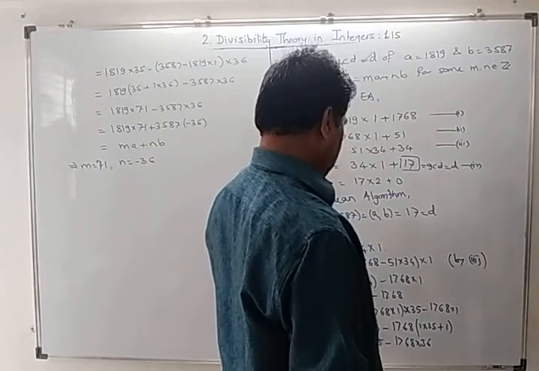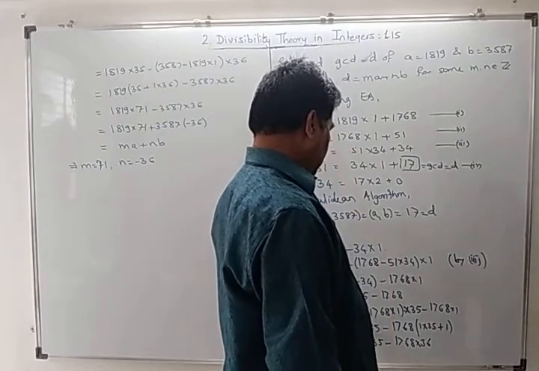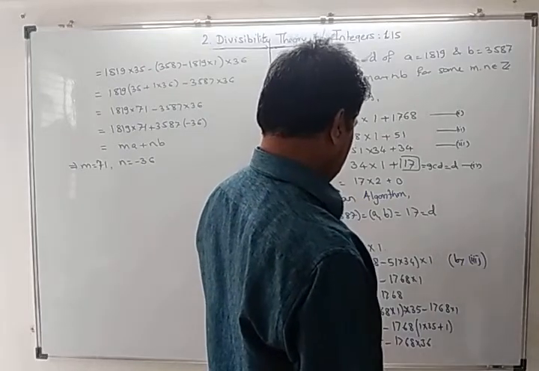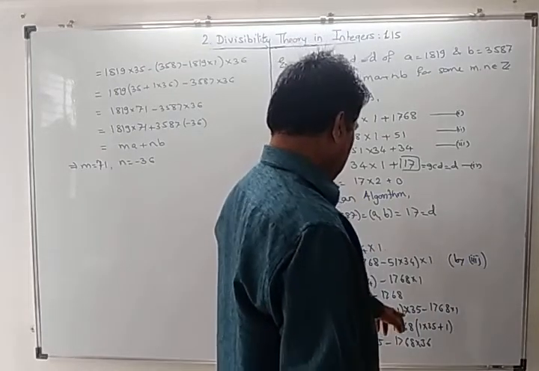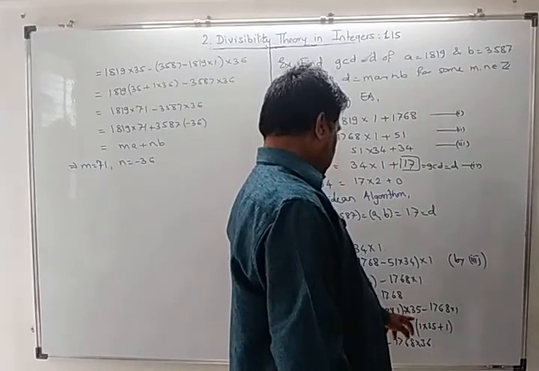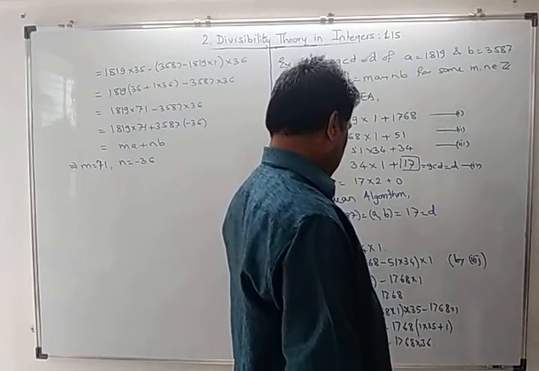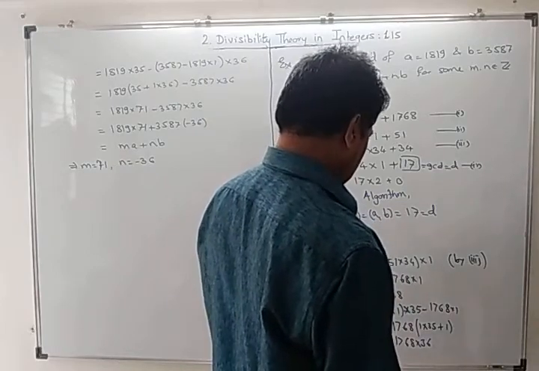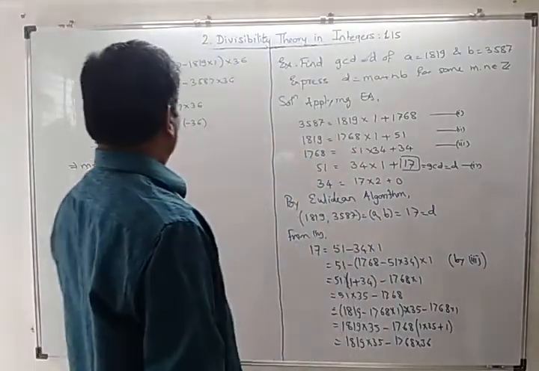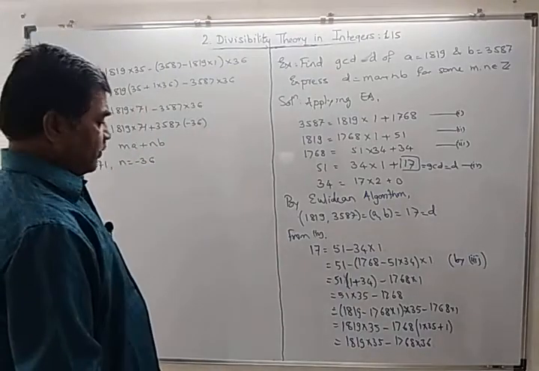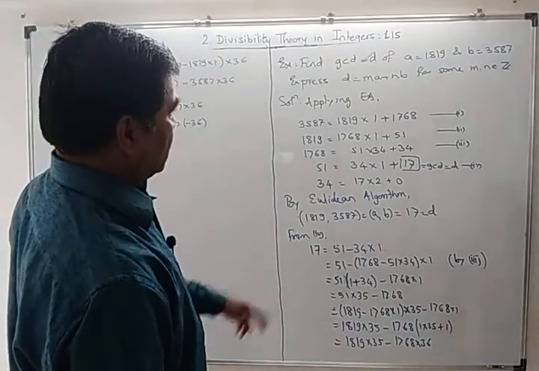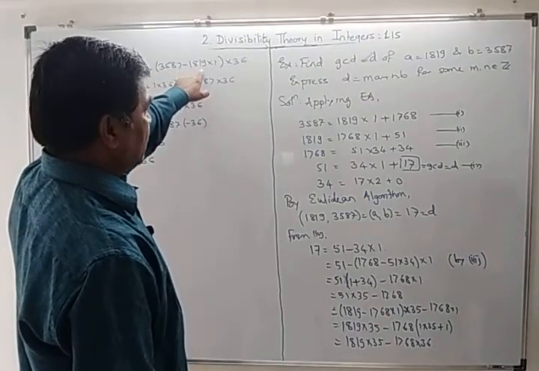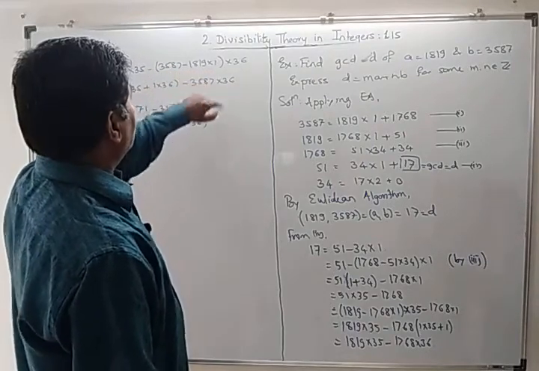So 1819 into 35 minus 1768 into this 35 minus, okay, so we'll get that to be 36 obviously, and then we'll put the value of 1768, that is 3587 minus 1819 into 1.